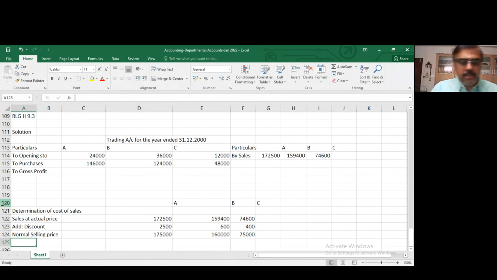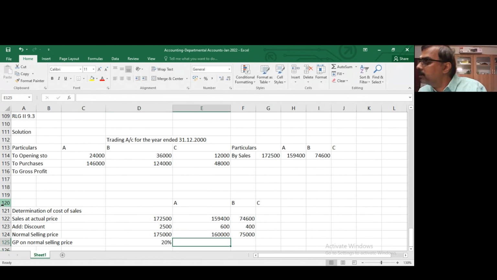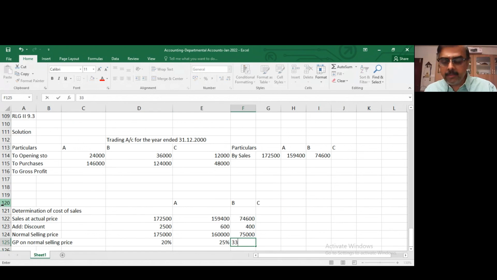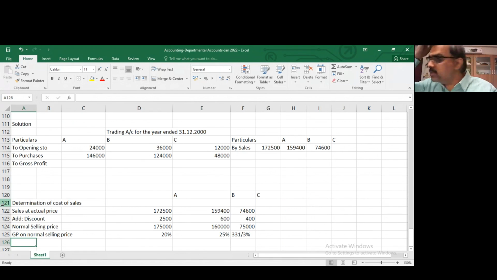Then GP on normal selling price. The percentages they have given are 20%, then 25%, then 33 1/3%. This is the GP ratio. Carefully understand this.